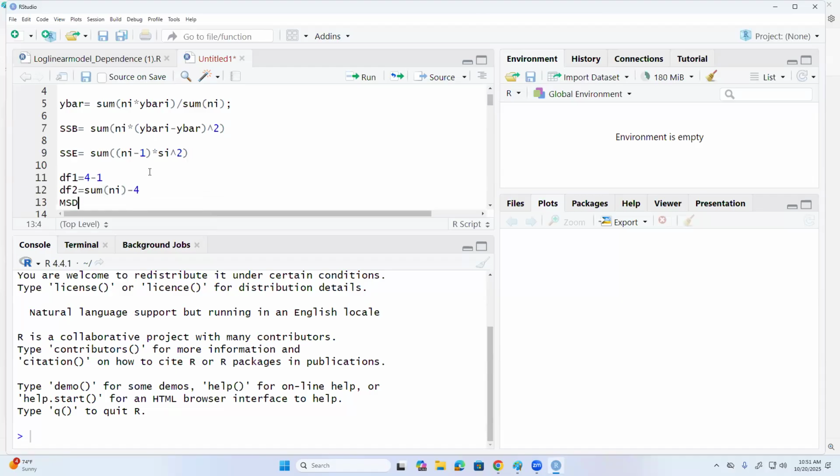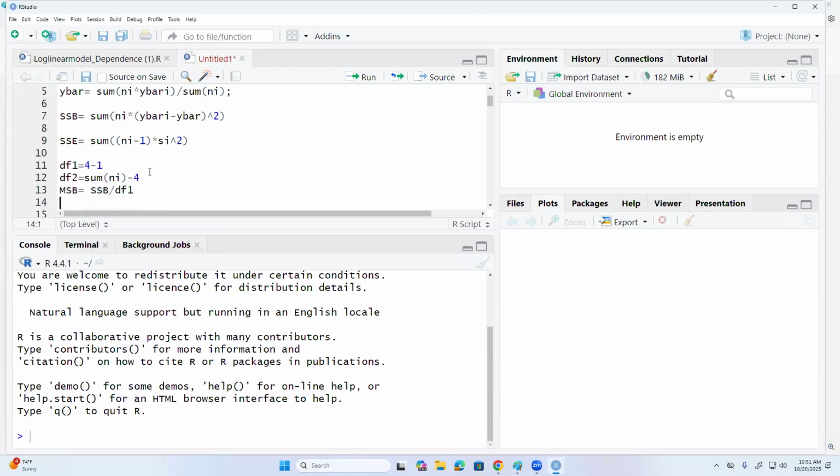MSB is equal to SSB divided by df1, and MSE is SSE divided by df2.